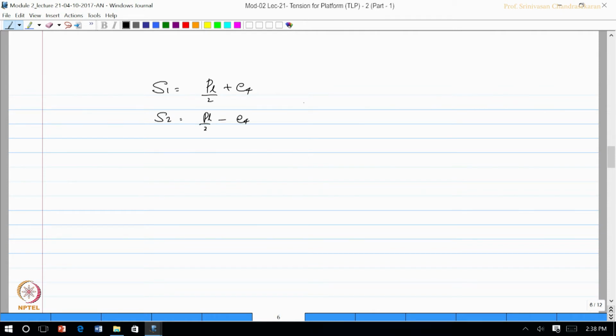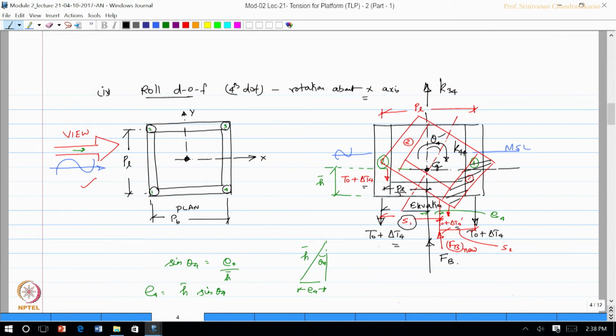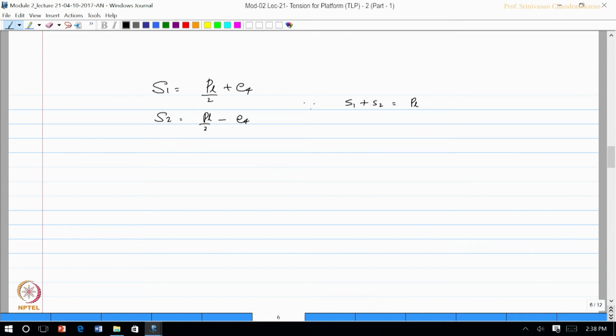In simple terms, S1 plus S2 will be equal to PL. Now I want to compute the extra buoyancy force created by the immersed legs, where DC is the diameter of the column member, rho w g and delta, where delta is the set down, and there are 4 such legs.